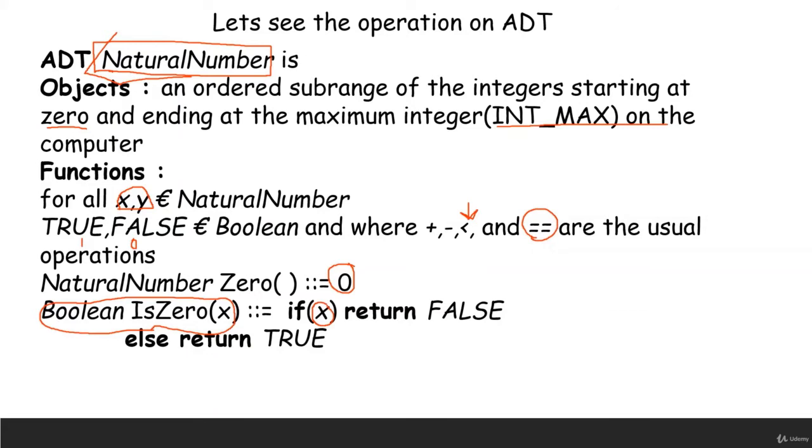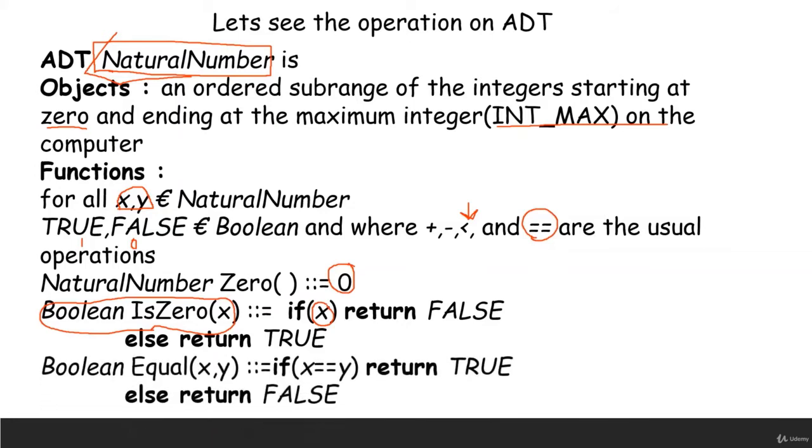Means if this condition gets false, then return true. Likewise, Boolean Equal means there are two natural numbers we are taking into consideration, and if they are equal then return true, else return false. This is what the Boolean Equal(x, y) function is doing actually.